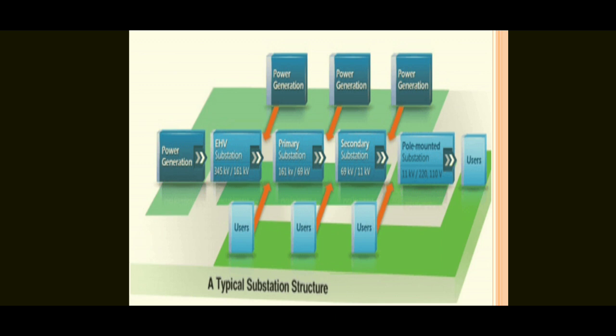Here pole mounted and plinth mounted substations are present, which use a transformer to step down the voltage from higher voltage to lower voltage.